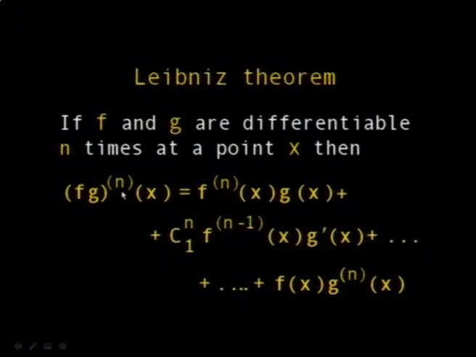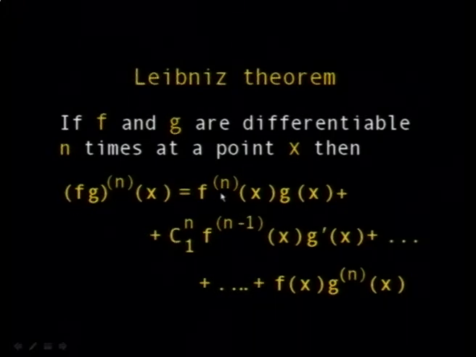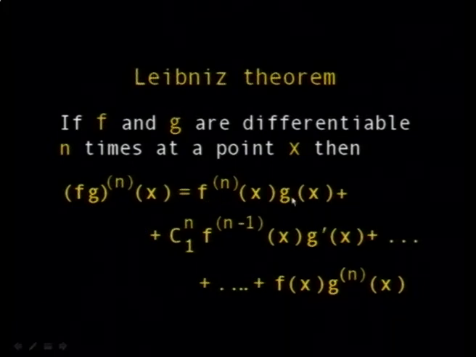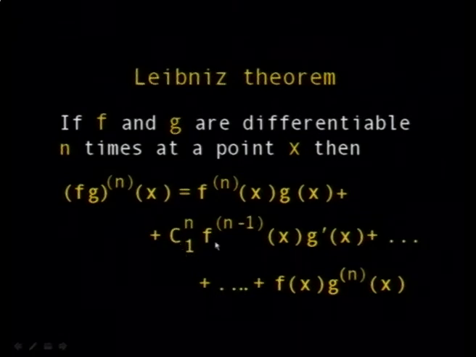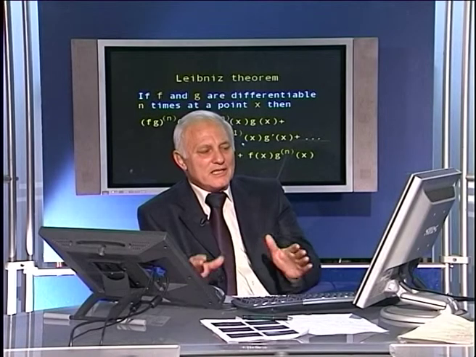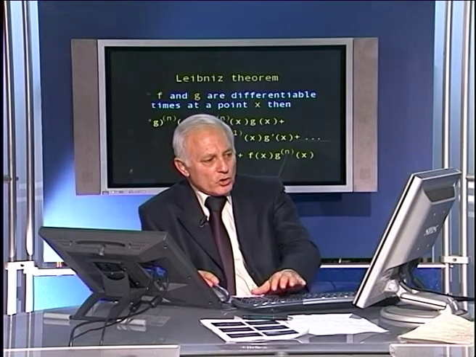So the nth derivative of a product of two functions is equal to the nth derivative of the first times the second without change, plus nC1, the combination of n with respect to 1, which is n, times the derivative n minus 1 of f, times the first derivative of g. And you go on like this to obtain the binomial expansion, as if you are writing exactly a binomial expansion of a product of two functions.